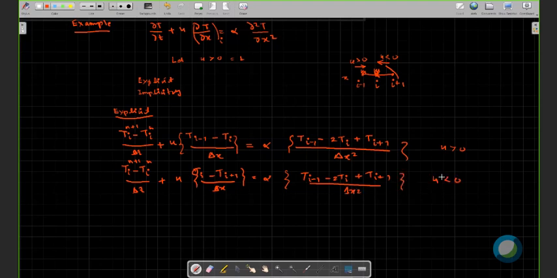This will be for u less than 0. Now here, since you are considering the explicit method, all your time index will be known values, all previous values, all temperature values should be previous values.